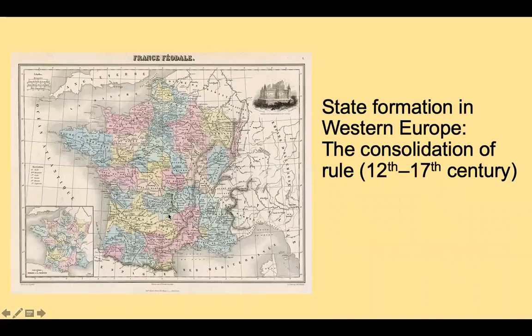This was the beginning of the process of state formation in feudal France. This was the very, very beginning, where we start with the division of the geographic unit into all these little parcels, all these little principalities and duchies.